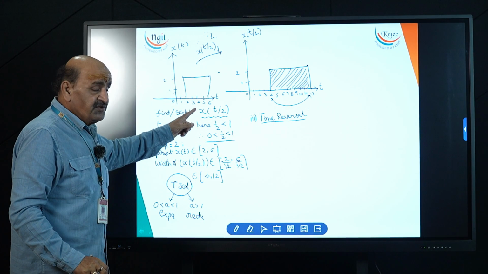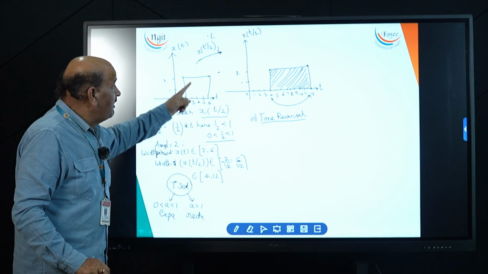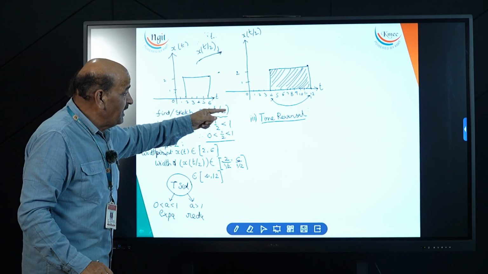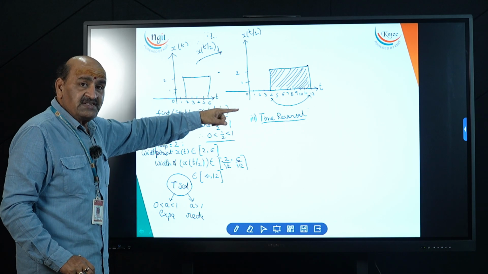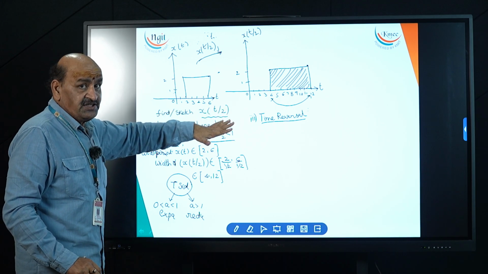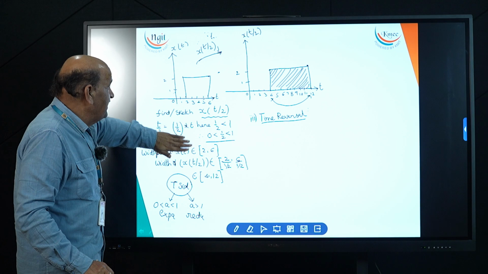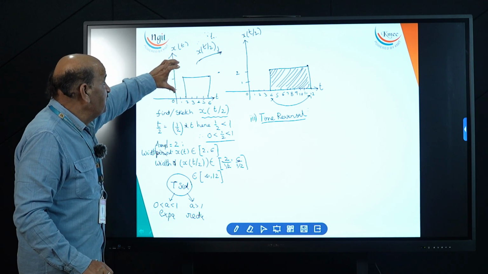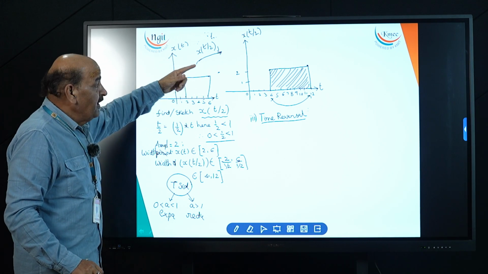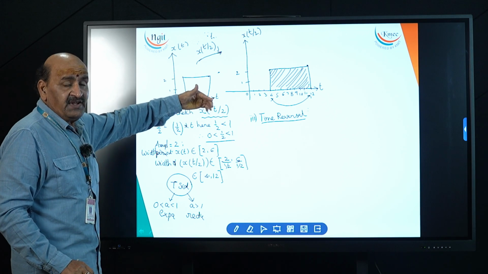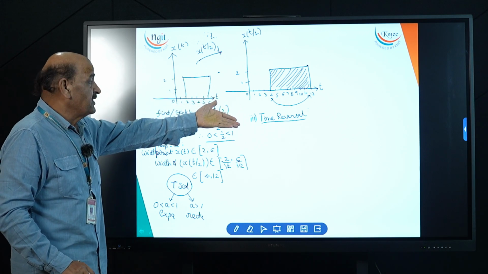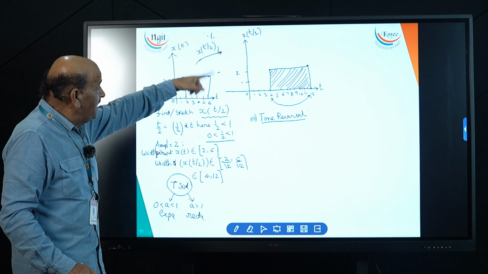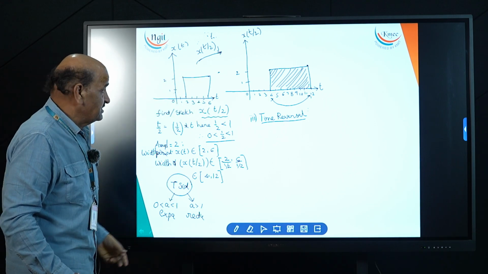Some more examples we have to perform. These examples will be done after completion of the unit step function and unit impulse function. Up to that, we have given only the basic properties of time scaling. We will discuss the applications after completion of those two topics.